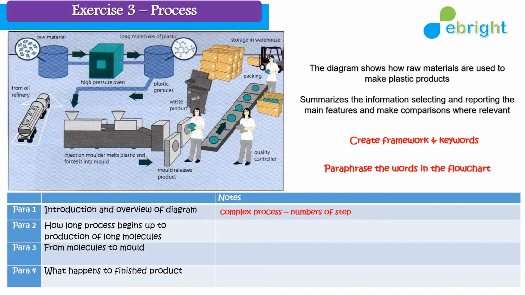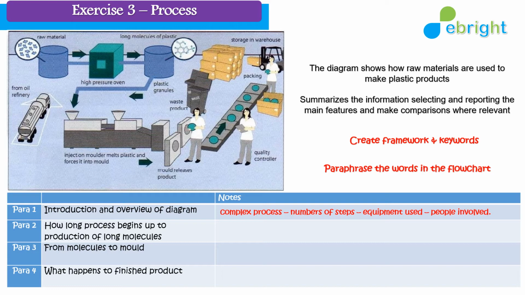Complex process, of course. It's not a simple process, it's a complex process. It involves a number of steps, of course, from the oil refinery until storage in the warehouse. And then you've got high technology equipment or machinery used, and finally some people or skillful workers involved over there.